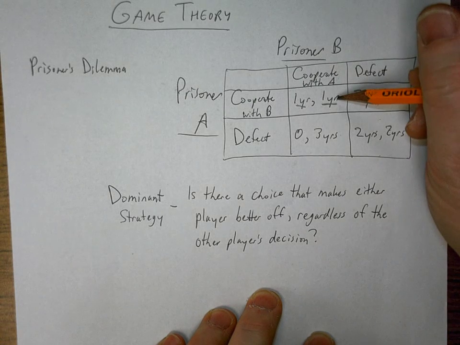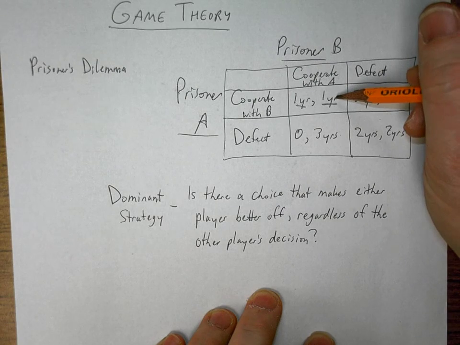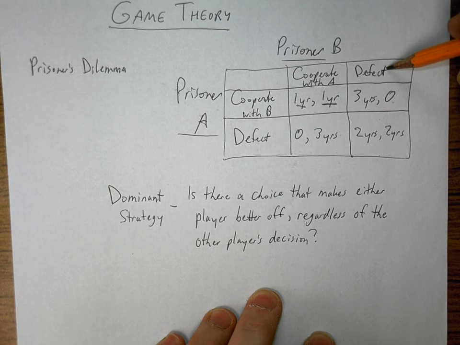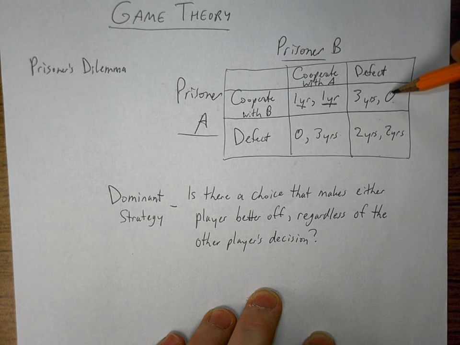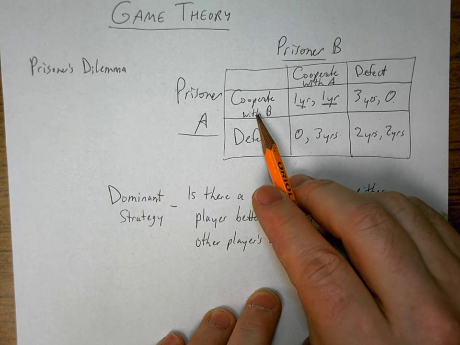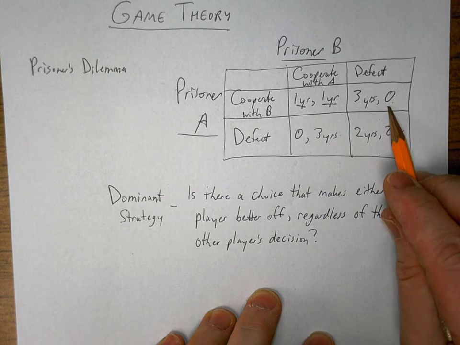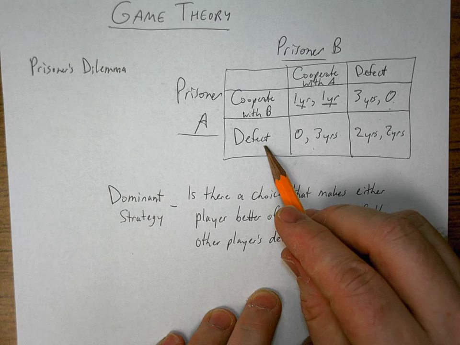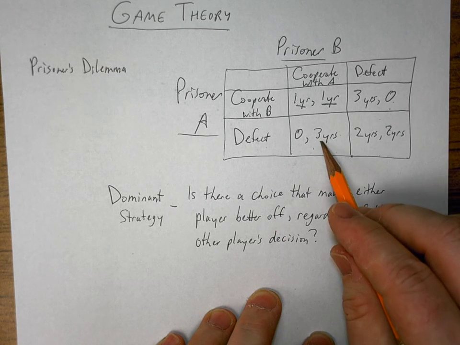This one is what if they cooperate with each other, they keep their mouths shut. This one is what if prisoner B defects and tells on prisoner A. However, prisoner A kept their end of the deal and cooperated and kept their mouth shut. In this box, we have what happens if prisoner A tells, but prisoner B keeps their mouth shut.